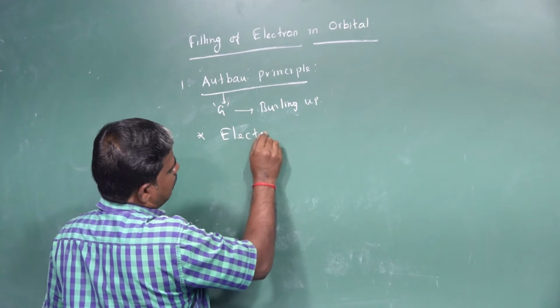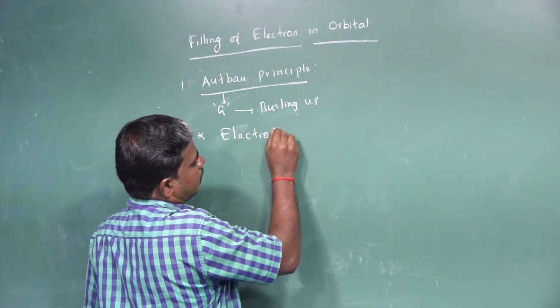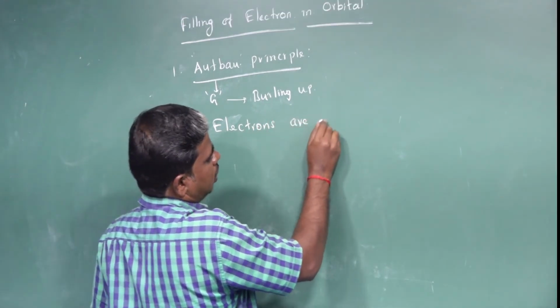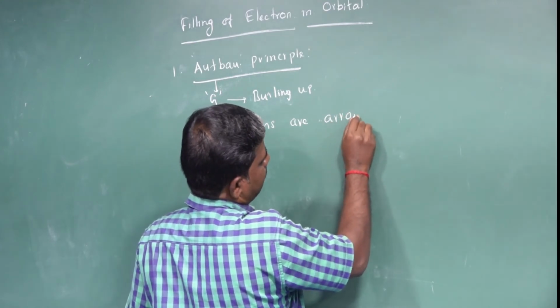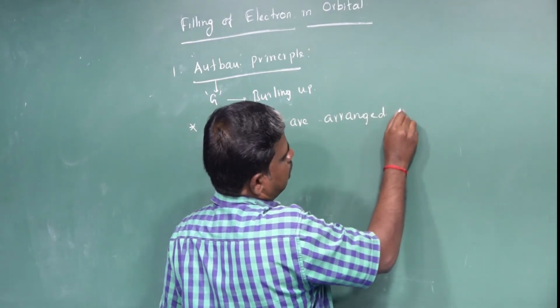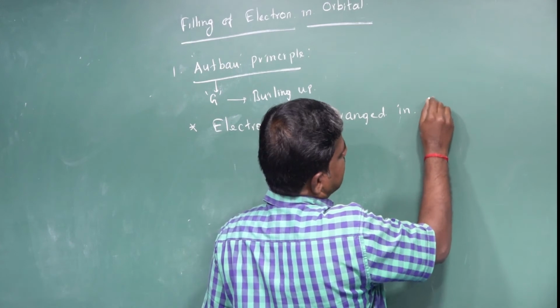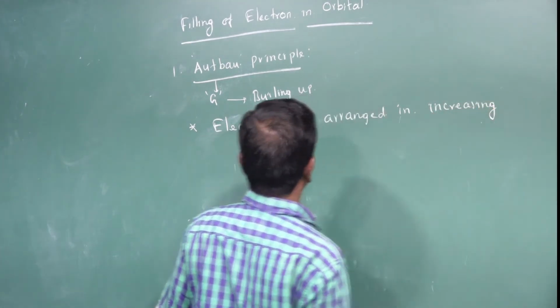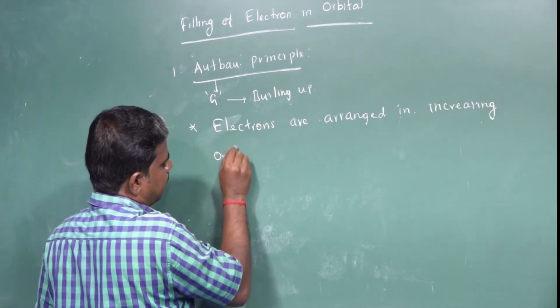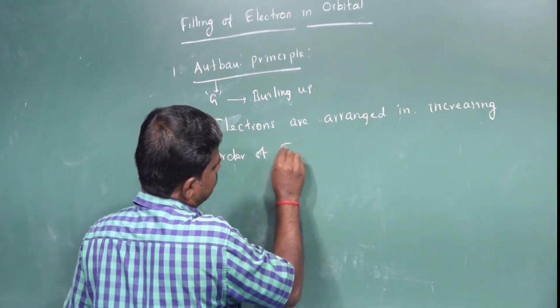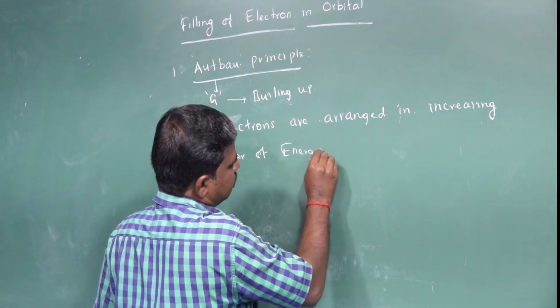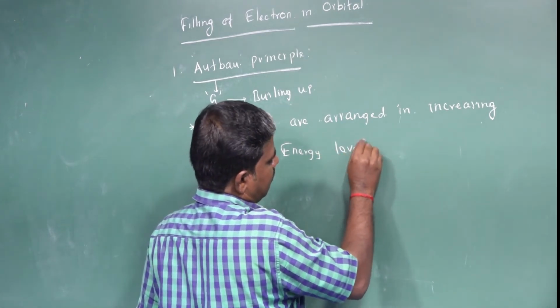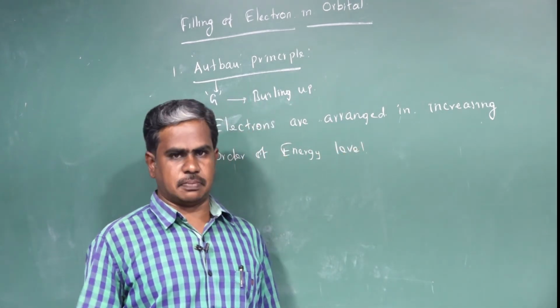So electrons are arranged in increasing order of energy level. Then it is known as the Aufbau principle.